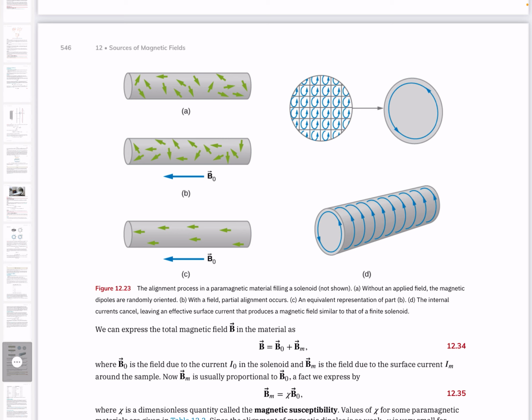Now, here's my problem with this picture. If you look on the right side of B, there's 3, 1, 2, 3. The third one in is basically going perpendicular, right, to the B field. And as soon as you turn the B field on, that guy won't be there. It won't.